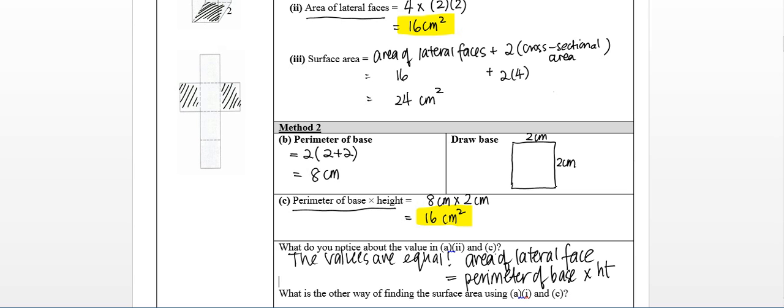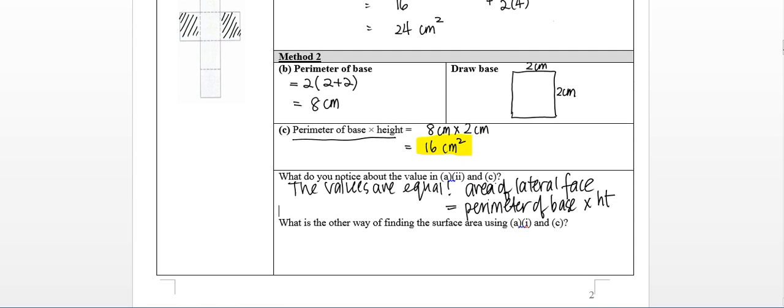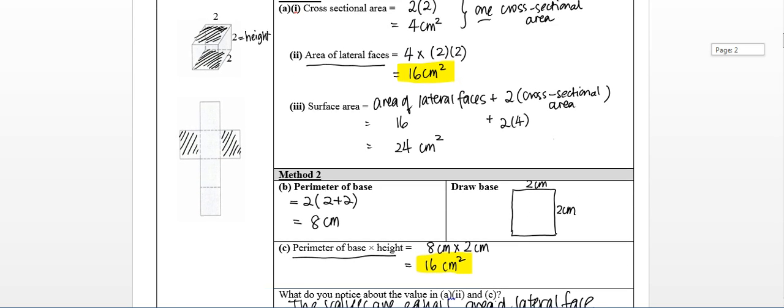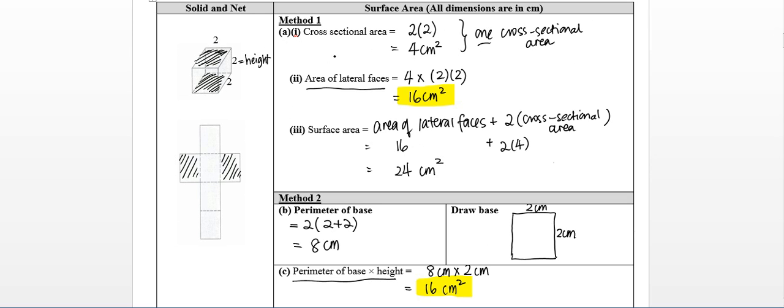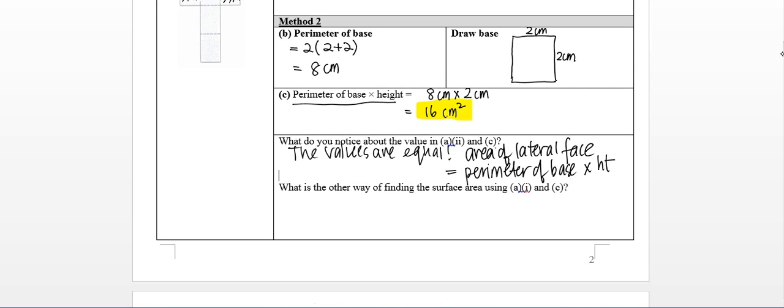Alright? So if you can understand this, then here, what is the other way of finding the surface area using A part 1 and C? Where is A part 1? A part 1 is this. So if you have the cross-sectional area as well as the perimeter of base times height, how do you put them together to find the total surface area?